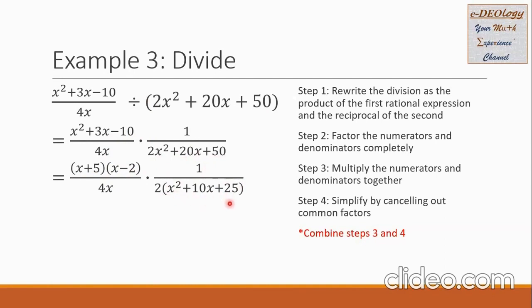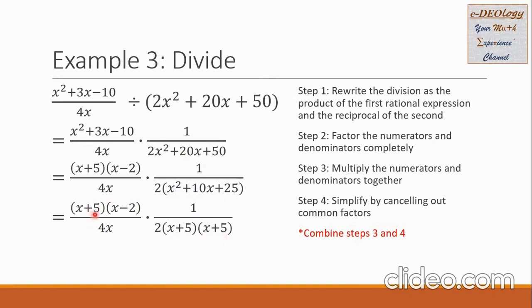But I can see here that this x squared plus 10x plus 25 can still be factored. So I'll do another line to copy everything and to put the factors of this trinomial as x plus 5 times x plus 5. And then I will now go to step 3 and step 4 to cancel common factors.